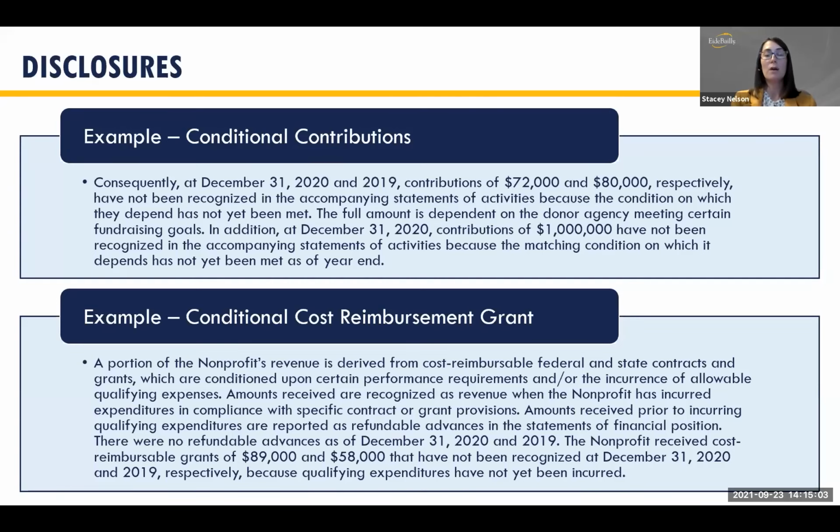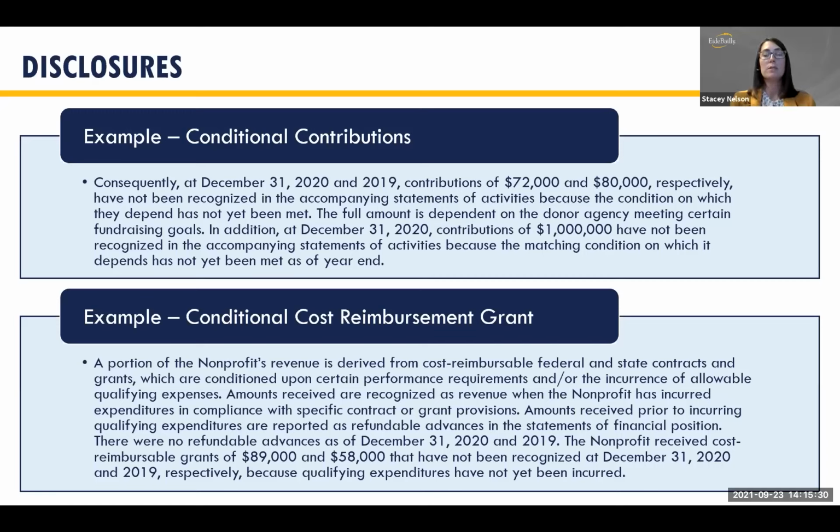A portion of the nonprofit's revenue is derived from those cost reimbursable grants, which are conditioned upon meeting certain performance requirements or the incurrence of allowable expenses. Amounts are recognized as revenue when they have incurred those expenses in compliance with the grant provisions. Amounts received prior to incurring those qualifying expenditures would be reported as refundable advances. In this case, the nonprofit had no refundable advances.